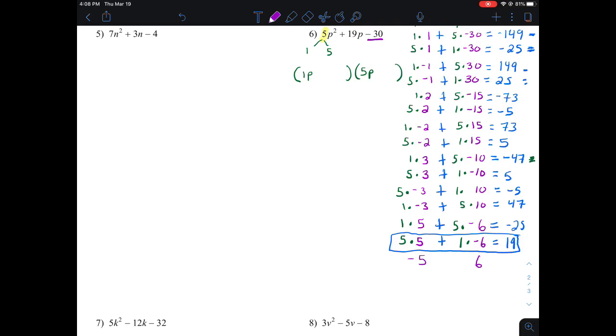So I need to make sure that 5, which is that green 5, which is really 5p, is multiplied to a plain old 5. So I have to separate the 5p from my plus 5. And I need the green 1, which represents the 1p, to be multiplying to a negative 6, which means I've got to separate the 1p from the negative 6, so negative 6 goes in the other binomial. There's my factored form right there. So that's factoring.